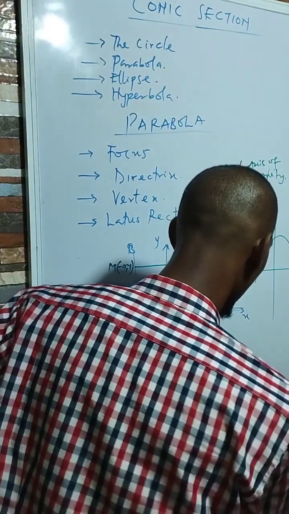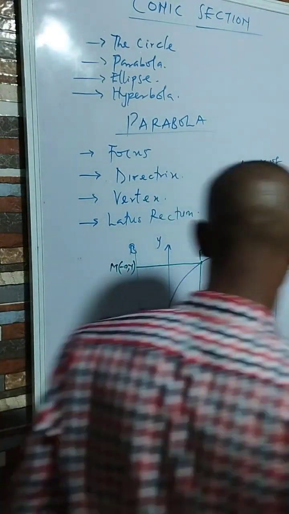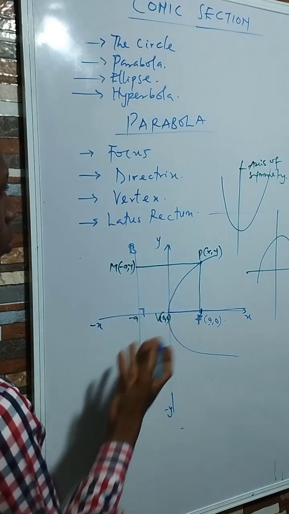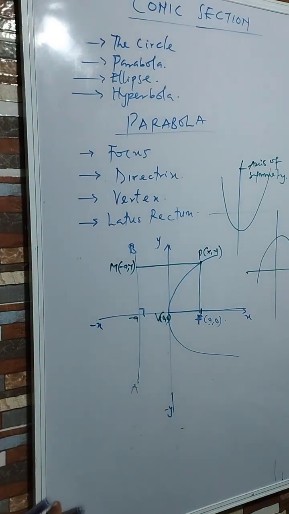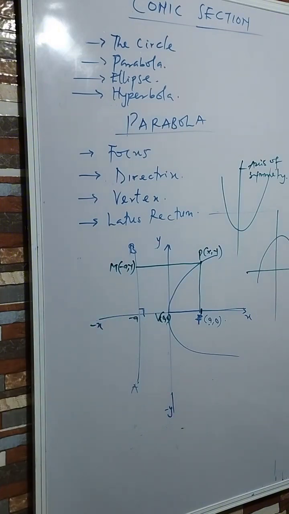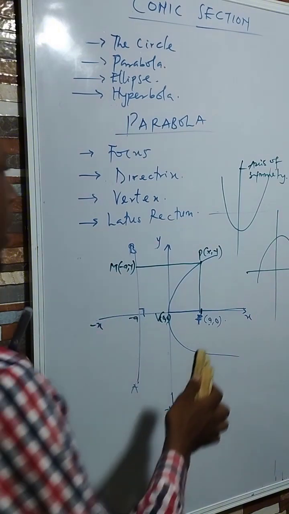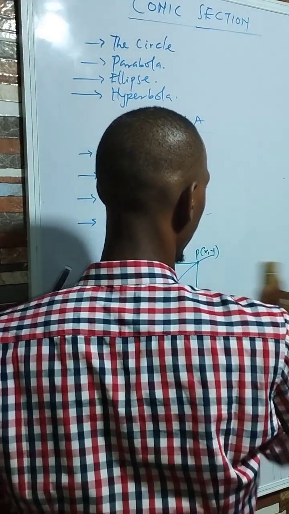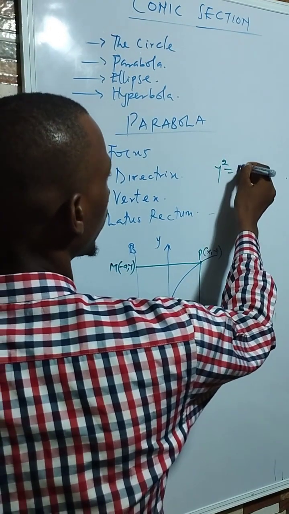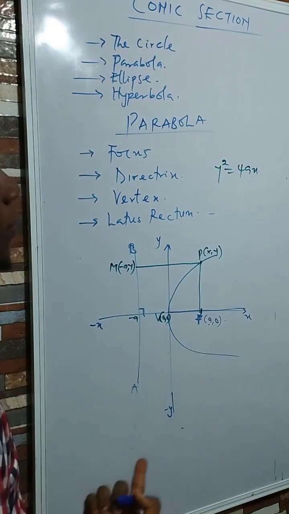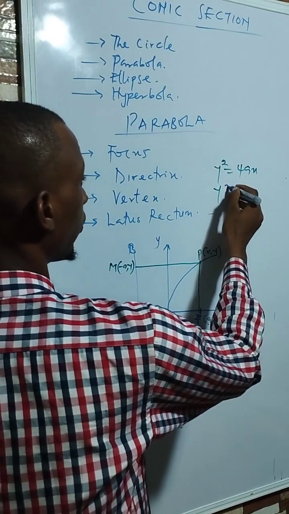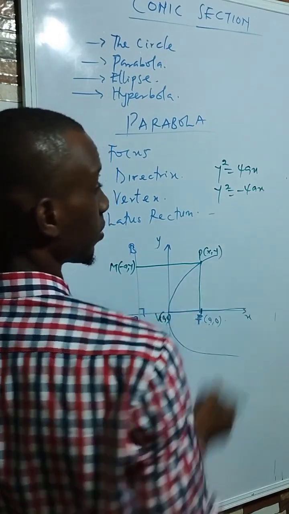Now, with what I've said, let's see what the equation is. We want to see the different forms of the equations of this particular parabola. The parabola can come in different ways, one of which is y squared equals 4ax. Another way can be y squared equals minus 4ax.